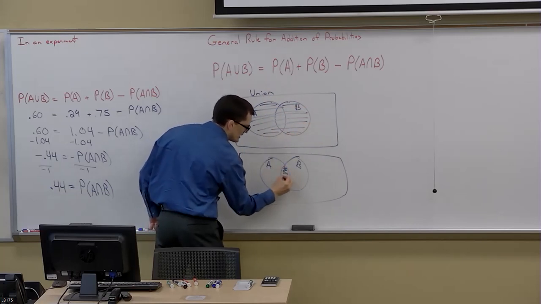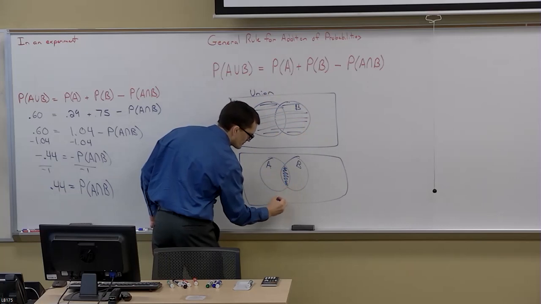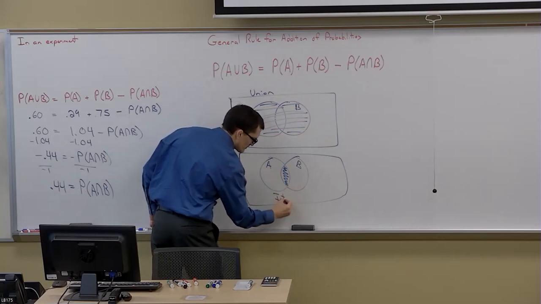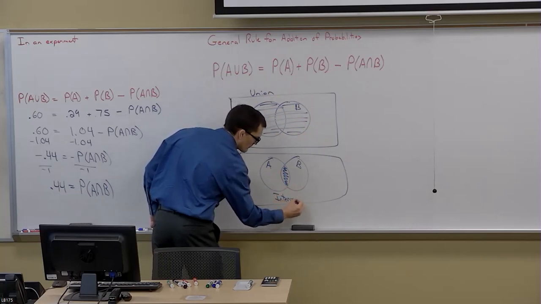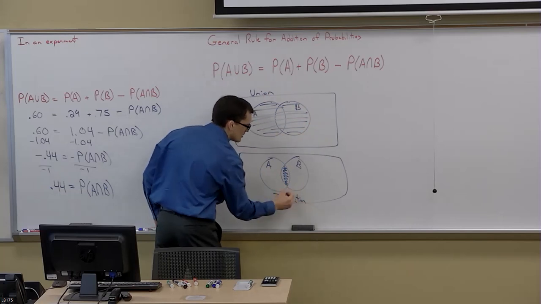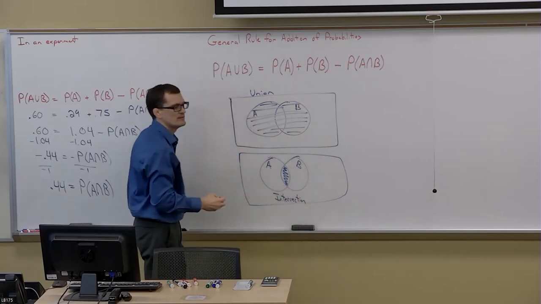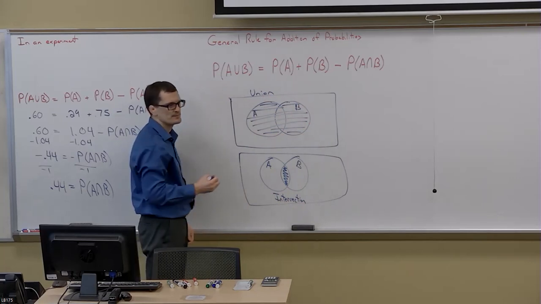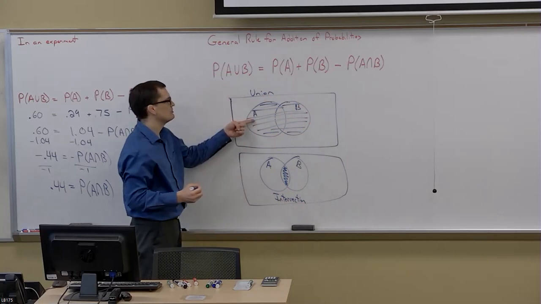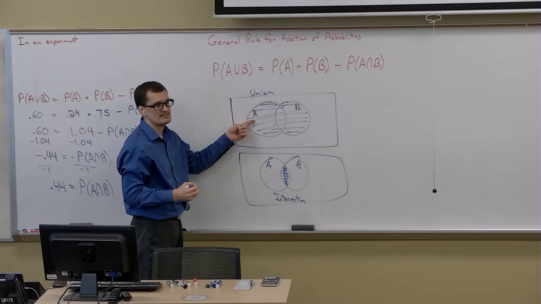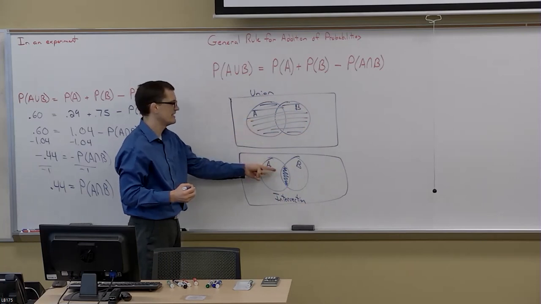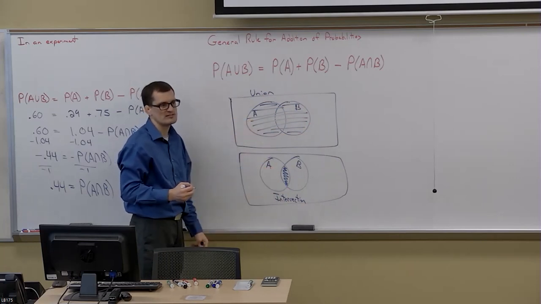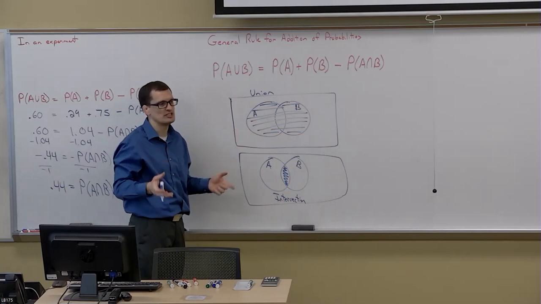The intersection is just where both circles overlap, right? So the union needs to be the biggest probability and the intersection needs to be the smallest for it to be an actual legitimate working issue.